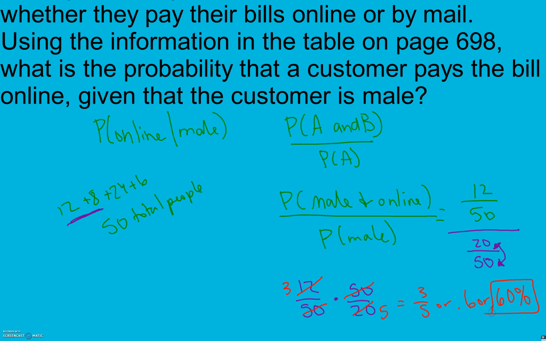So according to this, the probability that a customer pays the bill online, given that the customer is male, so out of the males, about 60% of them pay online. So provided that we're talking about just the men here out of this experiment, 3 out of 5 or 0.6 or 60% of them pay online.